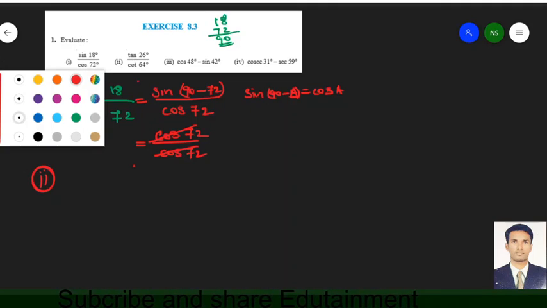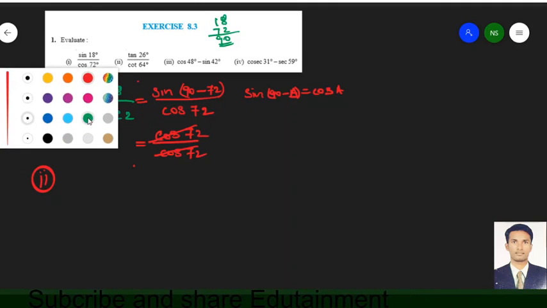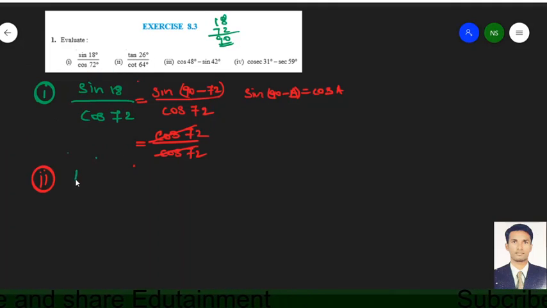Let us change the color first of all. I took blue, green. Second question is tan 26 by cot 64. Tan 26 divided by cot 64. Here also 26 plus 64 will get 90. So these two, 26 and 64, are complementary angles. So we can use trigonometric ratios for complementary angles.